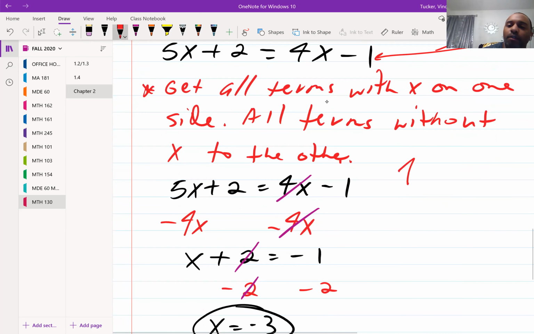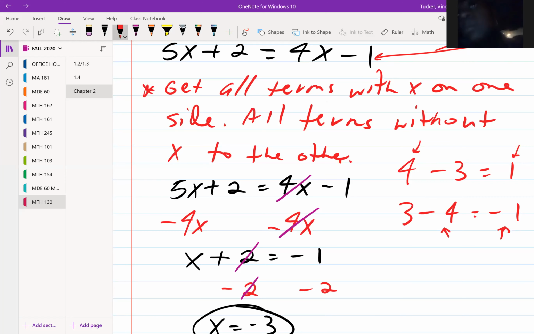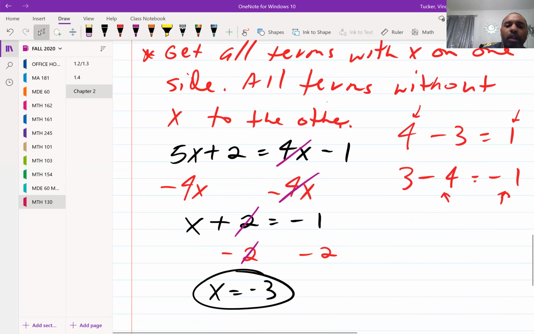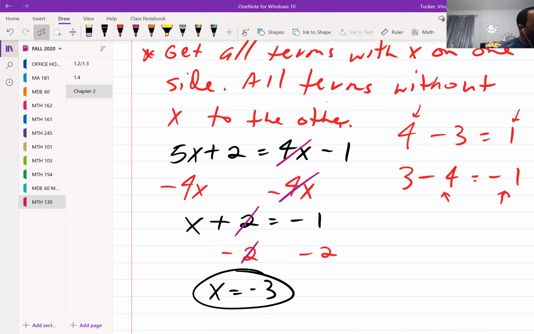It's just like if I had 4 minus 3, that would be positive 1. 3 minus 4 would give me negative 1. The 4 was greater and positive, so the result should be positive. Here the 4 is greater and negative, so my result should have been negative. Was that what you're talking about, that negative 1? Hopefully that helped. Any other questions on this one before we look at another one?